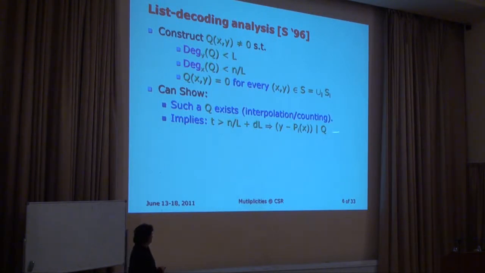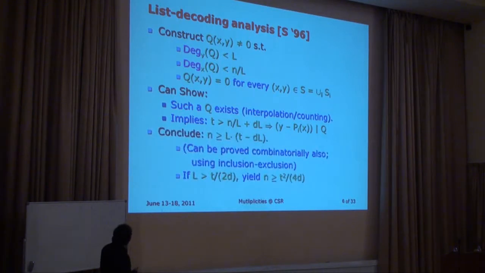Okay. Why is this useful? Well, you know that a polynomial of degree L cannot have more than L different factors. Unique factorization is applying. And so you immediately get a bound saying the number of different pis that satisfy this condition is at most L. So you can conclude immediately that if this condition held, you would have too many factors.